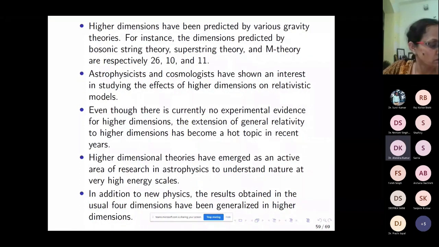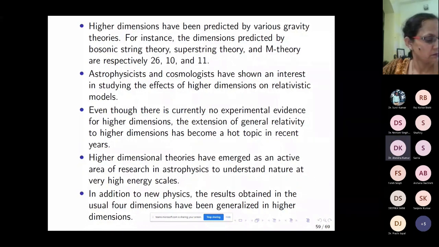So higher dimensions have been predicted by various gravity theories. For instance, the dimensions predicted by bosonic string theory, superstring theory, and M theory are respectively 26, 10, and 11 dimensions. Astrophysicists and cosmologists have shown an interest in studying the effects of higher dimensions on relativistic models.